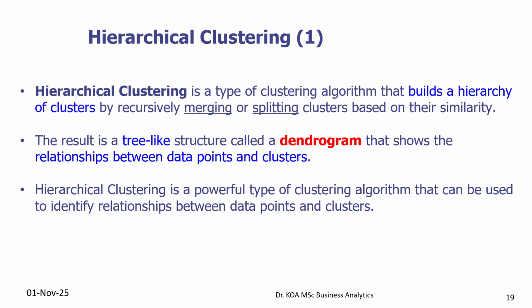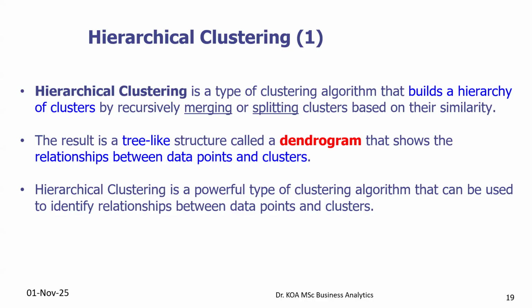You are building a hierarchy of clusters, which means that some clusters are more important than other clusters. You are merging and splitting clusters based on their similarities. And that's hierarchical clustering. So you get something like a tree, and this tree is known as a dendrogram.